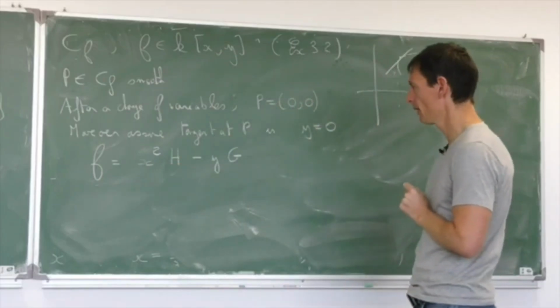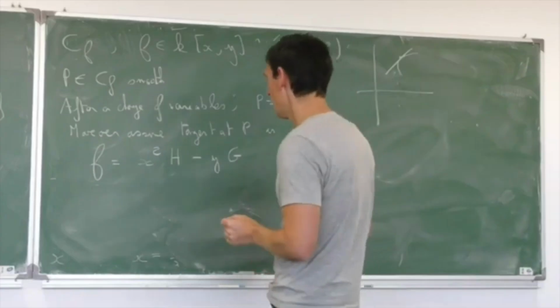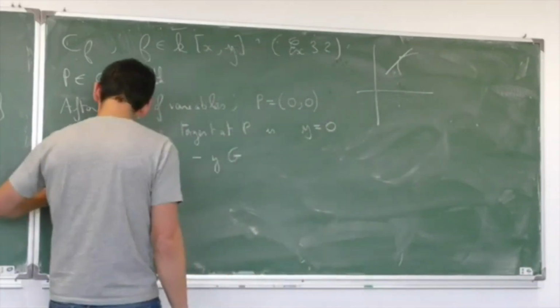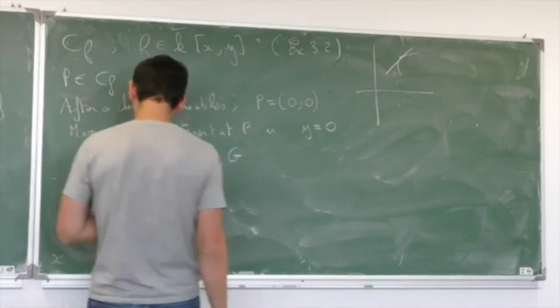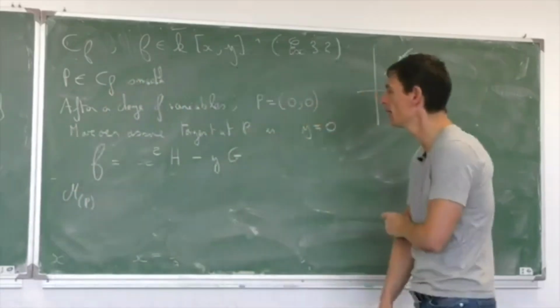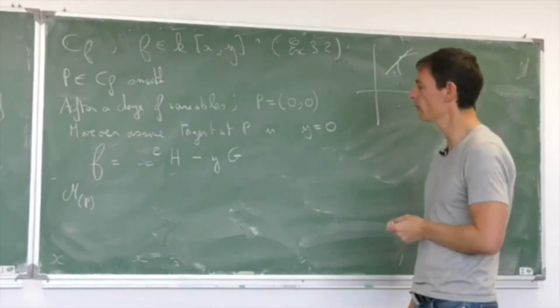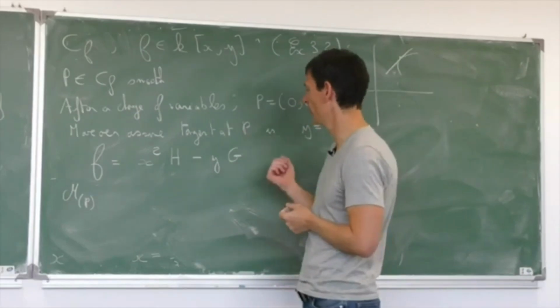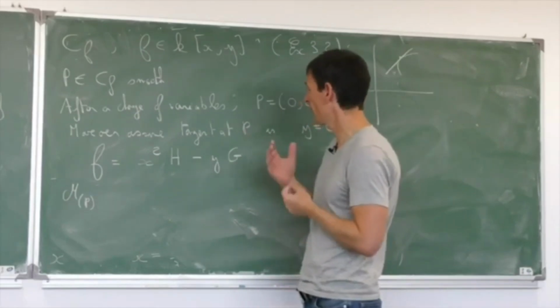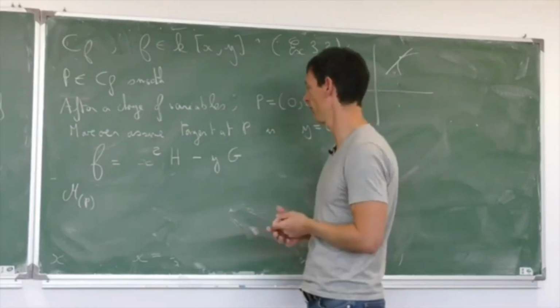Okay? And now, this is quite nice because I want to look at the maximal ideal at the point P. So what are all the functions that are going to be 0 at 0, 0? As they are functions in x and y, there must be combinations of x and y.